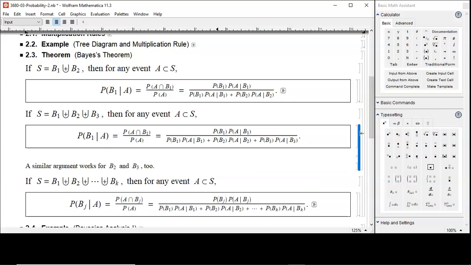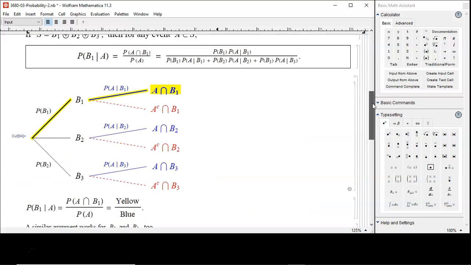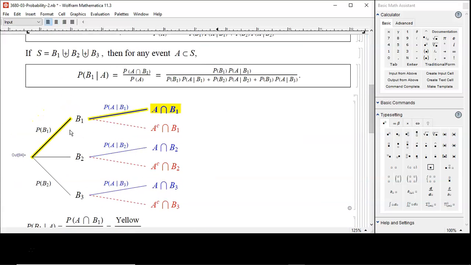Now, what if you have more complicated decomposition? If you have three events, B1, B2, B3, and for example, A came from B1, well, here, that's a numerator, and it must have come from this path, multiplication rule. And then the denominator, P of A, somehow it happened.